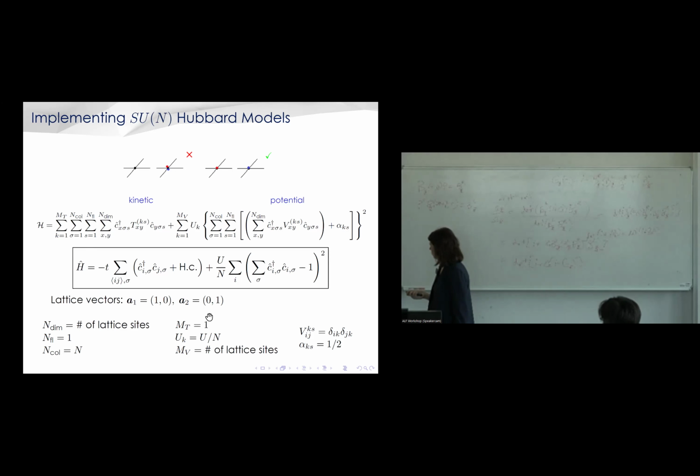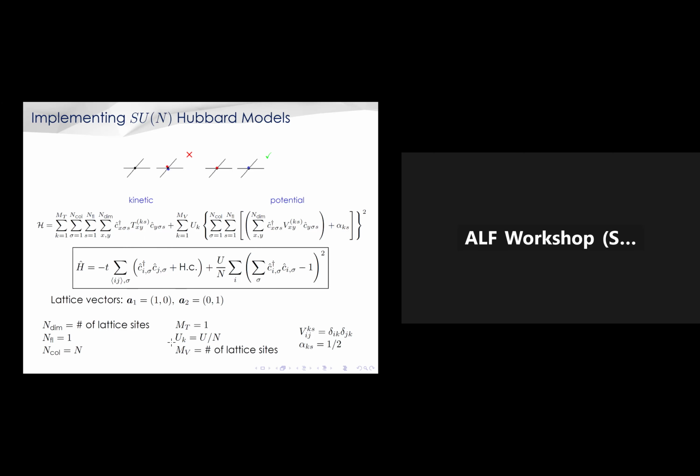MT is the number of types of T matrices we have in the kinetic piece, so that's equal to 1 here for the nearest neighbor hopping. And then U_k, to get this to work for the N_SUN, when we write this as squares, it's U over N.